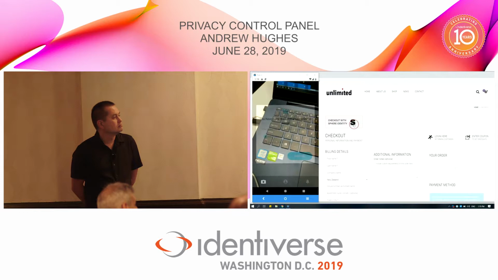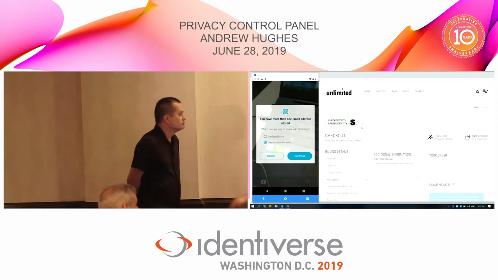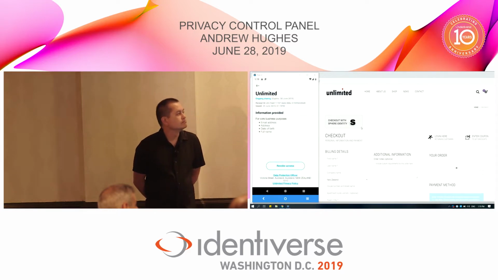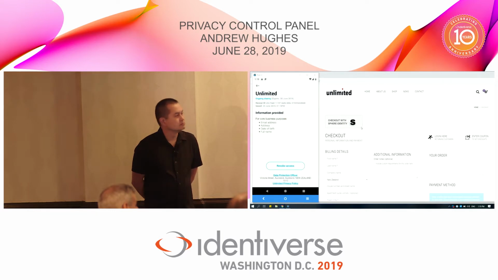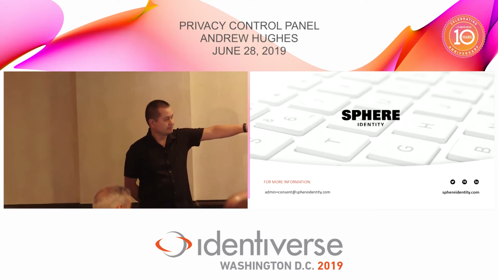Users can select the exact attributes they'd like to use for each business when applicable. Benjamin is then presented with a consent receipt outlining all transactional data and identifiers, such as time, date, and number. He can also withdraw his consent and revoke access to his data at any time. This was an example of how consent receipts are used in the Sphere Identity app. Thanks for your attention. And for more information, please take a picture.